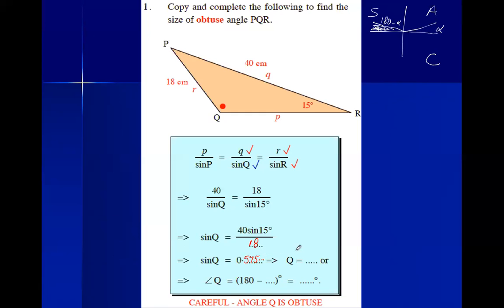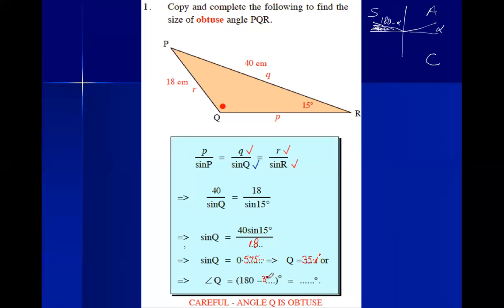Now if you do shift sine of what you just got, it gives you 35.1 degrees. That is alpha. But we want the obtuse angle, which is 180 take away 35.1.